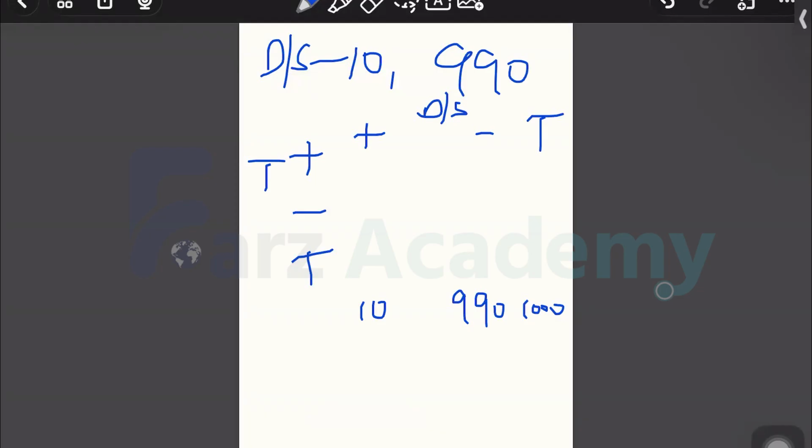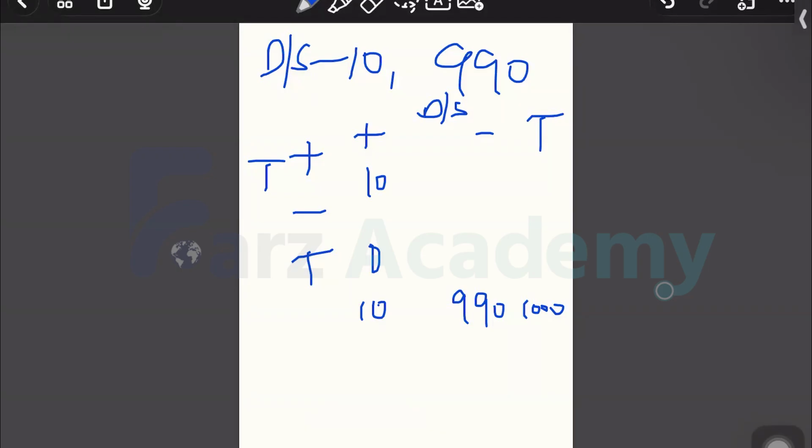True positives are what? Sensitivity is 99% of 10 for actual sensitivity. So true positives would be 99% of 10. So this would be almost 9.9 or 10 only. Or you can take it as 9.9. And the specificity is 90%.